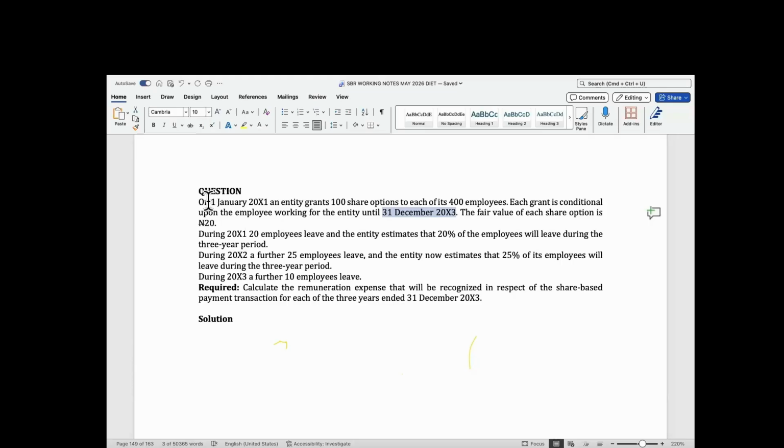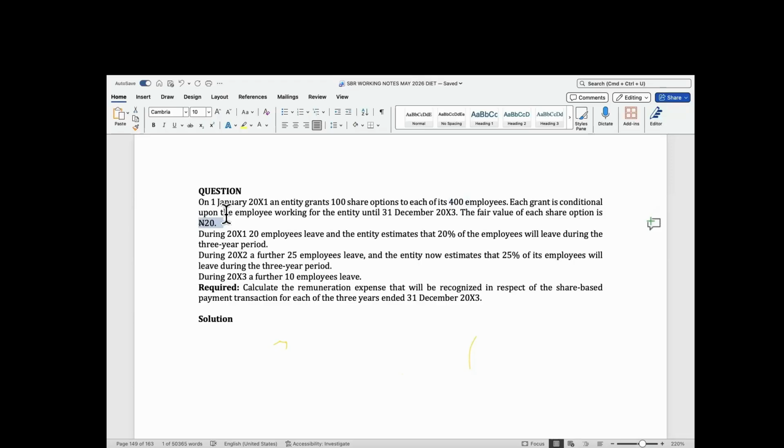This is the grant date. This is the exercise date. So we are looking at 1, 2, 3, 3 years. We are giving each of our employees 100 share options. We have 400 employees. And the fair value of each option at the grant date is 20 naira. So we are going to measure those options with 20 naira. Those are the fair value at the grant date.